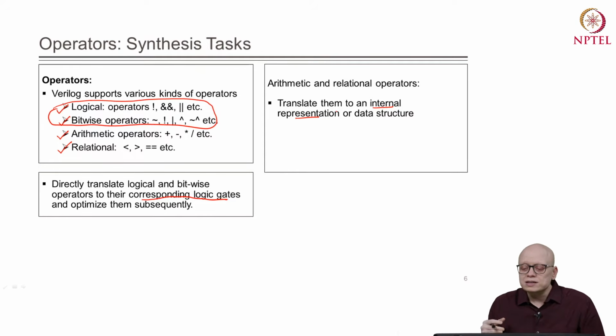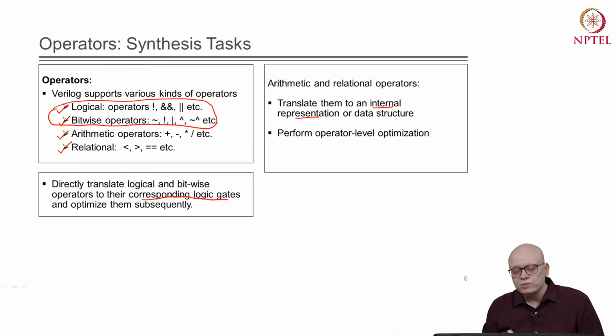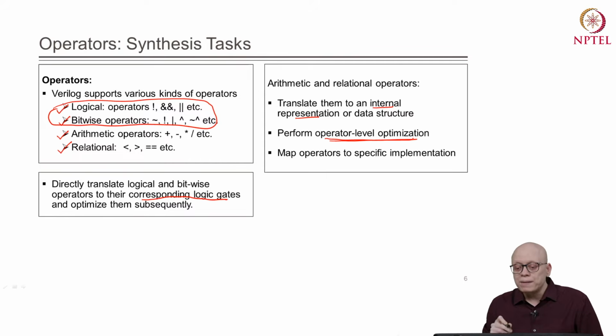This internal representation allows more efficient optimization. Subsequently, the tool will perform operator level optimizations, and then map those operators to a specific implementation. We will see what these optimizations and this mapping mean in the subsequent slides.